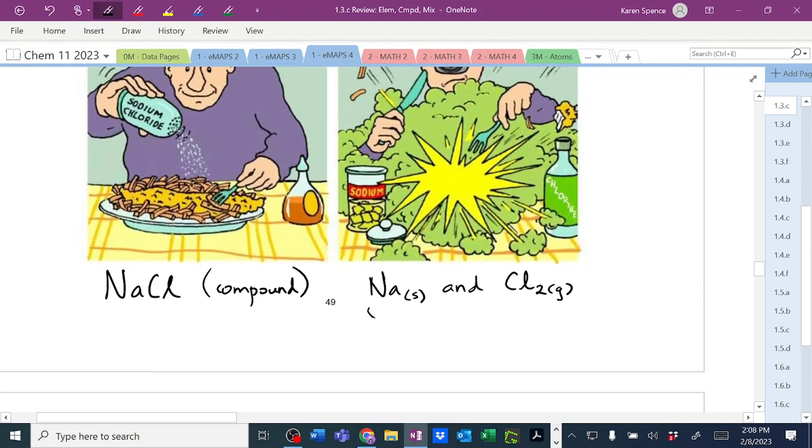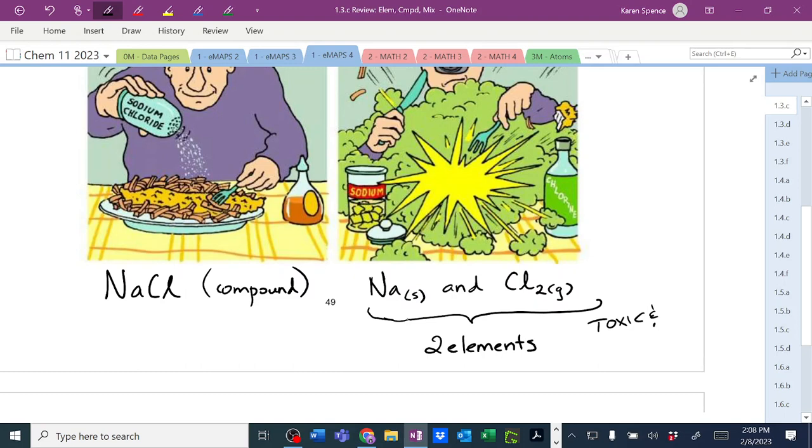These are together two elements. Explosive, toxic and explosive. That's a little S. That tells you it's a solid. And after the Cl2 is a gas, a little G, it tells you it's a gas. Toxic and explosive. NaCl is non-reactive and tasty.